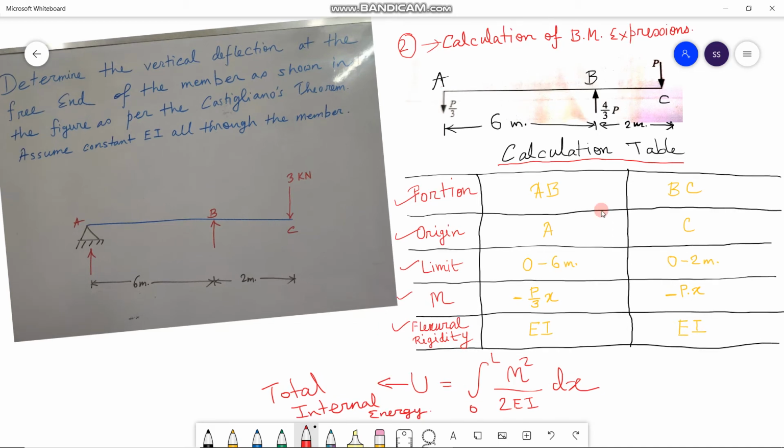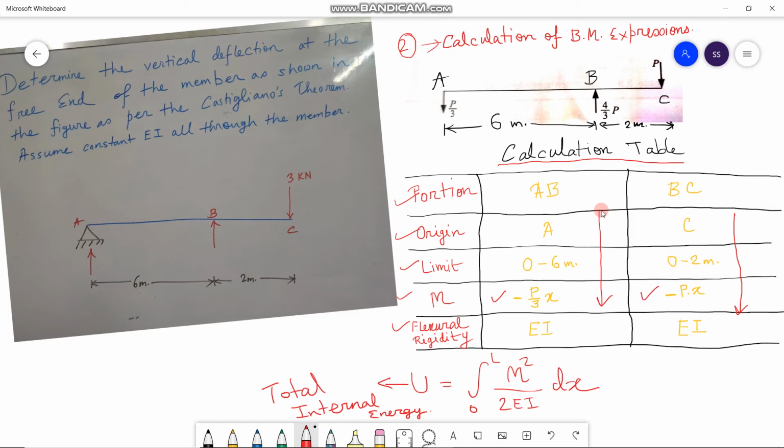Here in this table, these are the details for the portion AB and these are the details for the portion BC. As you can see, the expression for the moment for the portion AB is minus P by 3 into x, and for the portion BC the expression of moment is minus P into x.